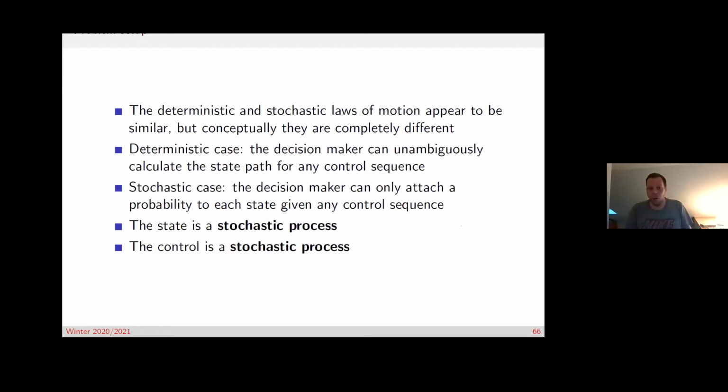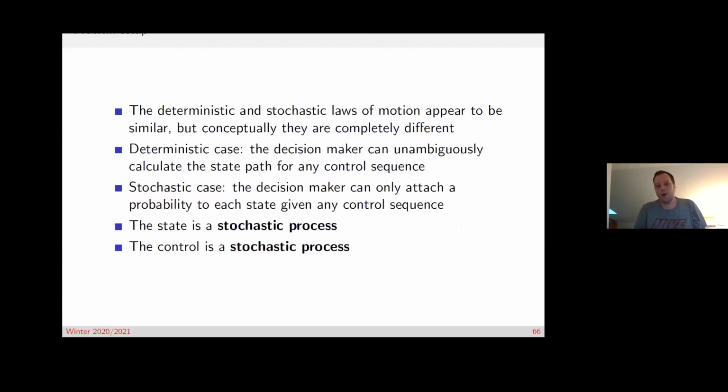So although at first glance those two problems are completely different, in the one case you know everything, you know the future perfectly, and in the other case you are not really aware, or you have only a probabilistic notion of what will be, the conceptual difference is relatively small.